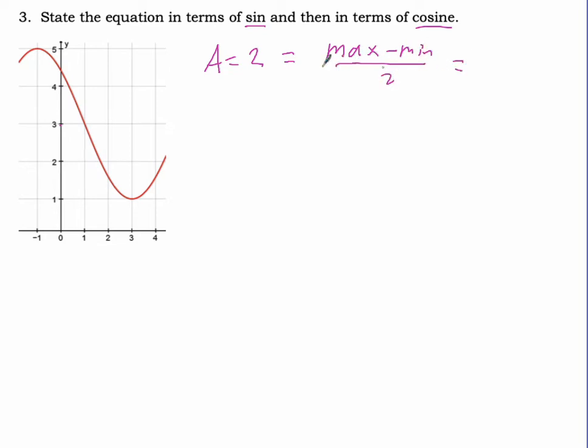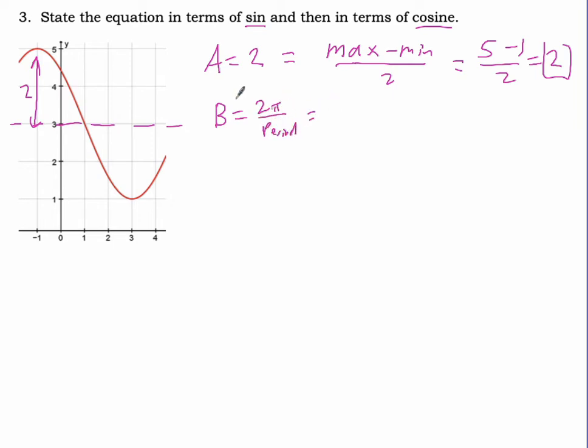That's like a general formula, right? Because this is 5 and this is 1. 5 minus 1 divided by 2 gives you 2. Okay, this distance right here is 2. That's the amplitude. I guess the b value is 2 pi over the period.